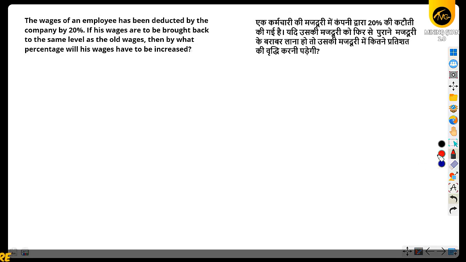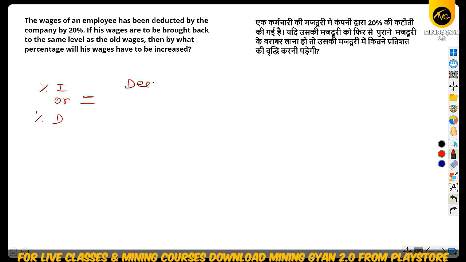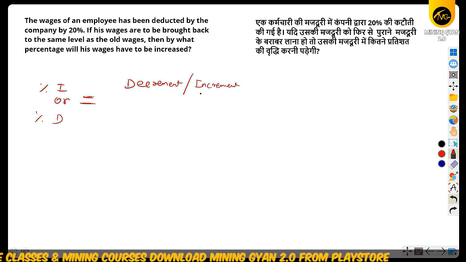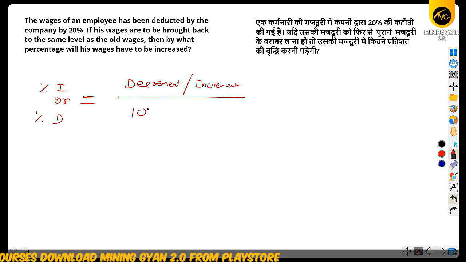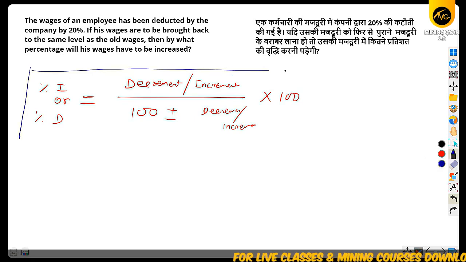Now again you can use a basic formula, percent increment or percent decrement. It can be used for both the cases. So decrement or increment divided by 100 plus minus decrement or increment into 100.